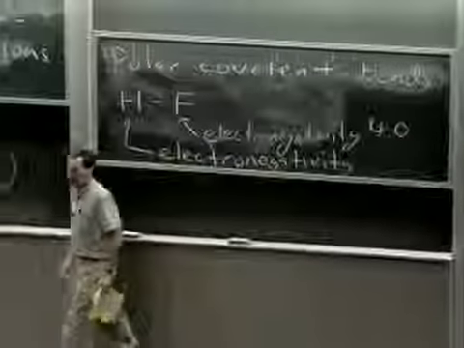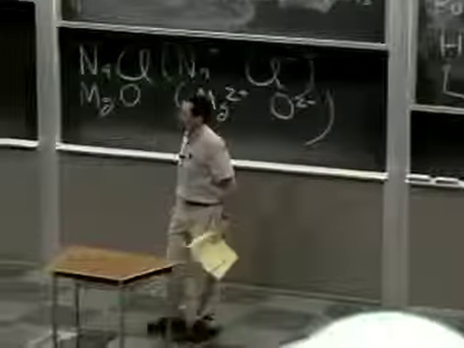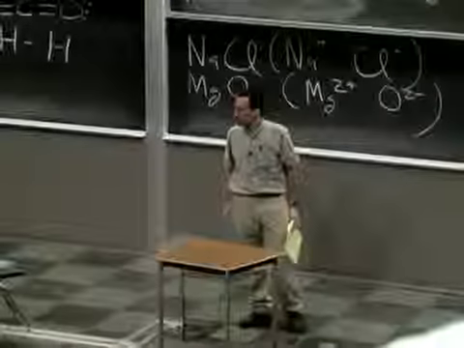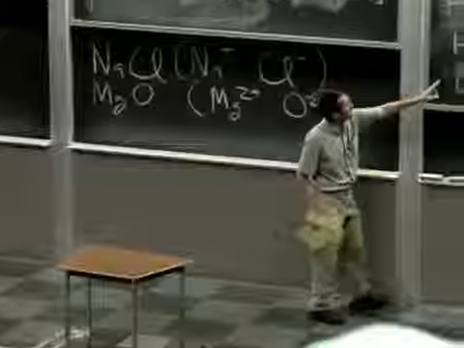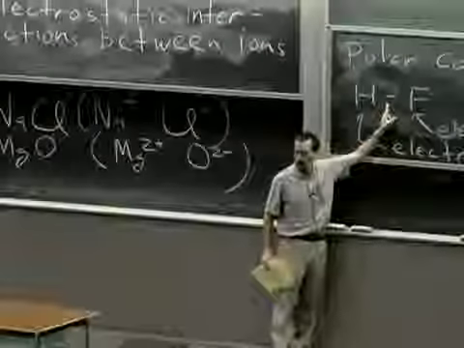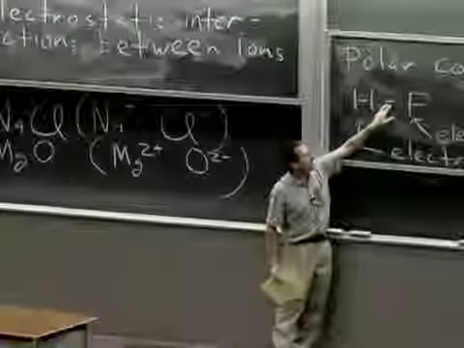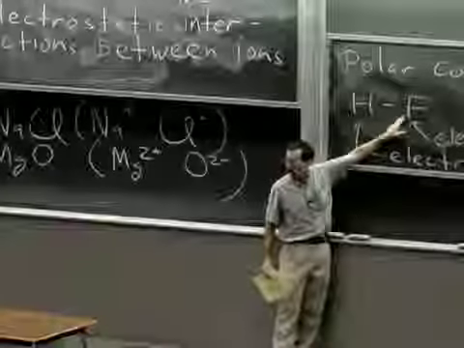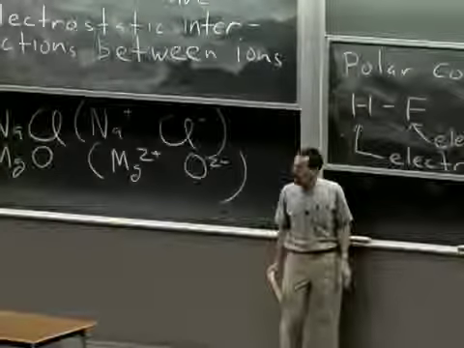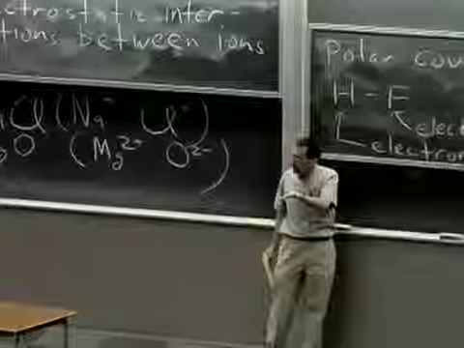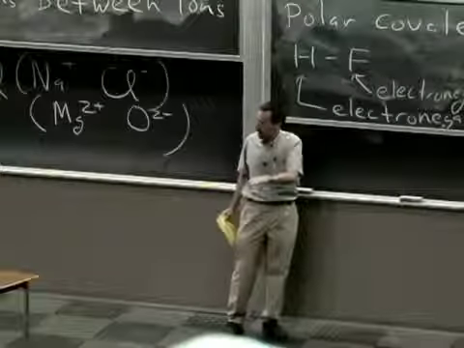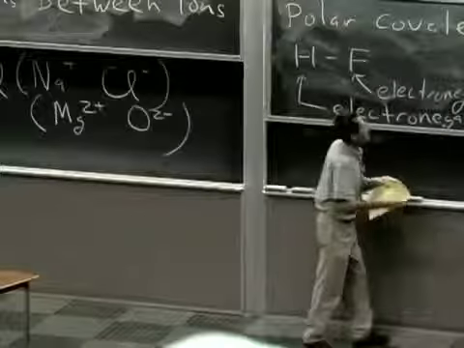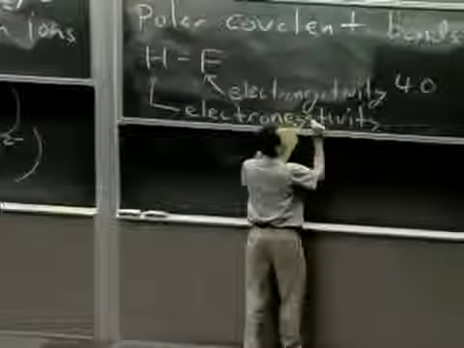The net result is that even though the fluorine and the hydrogen are sharing the electrons in the covalent bond between the fluorine and the hydrogen, the electrons in the bond are spending more time near fluorine. This in turn leads to a partial negative charge on fluorine and a partial positive charge on hydrogen.